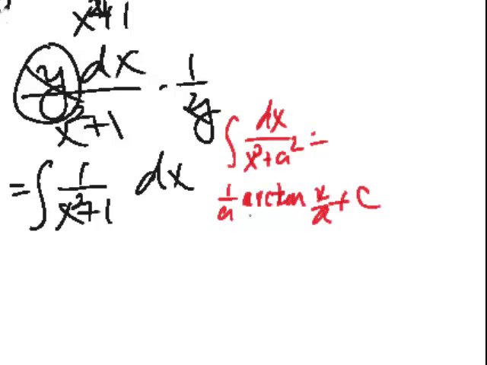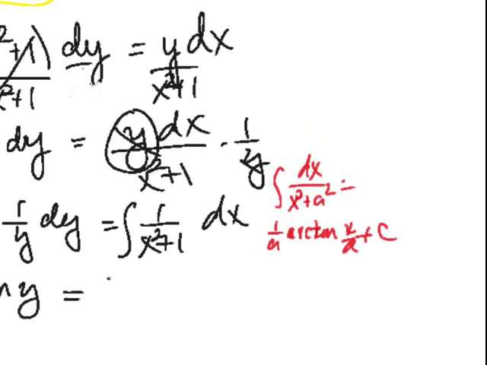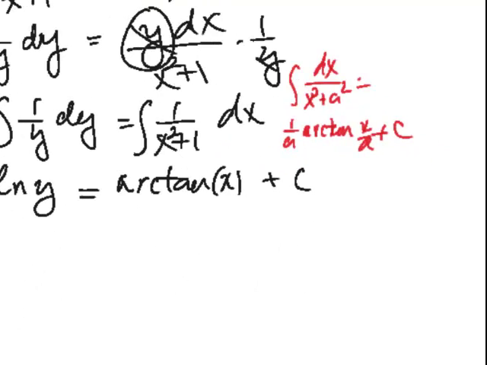Right. So in this case our a is 1 and our x would be x itself. So plugging in we'd have 1 over 1 is just 1, so it'd just be arctangent of x over 1. Doesn't need to be written. And there would be our general solution to your differential equation.